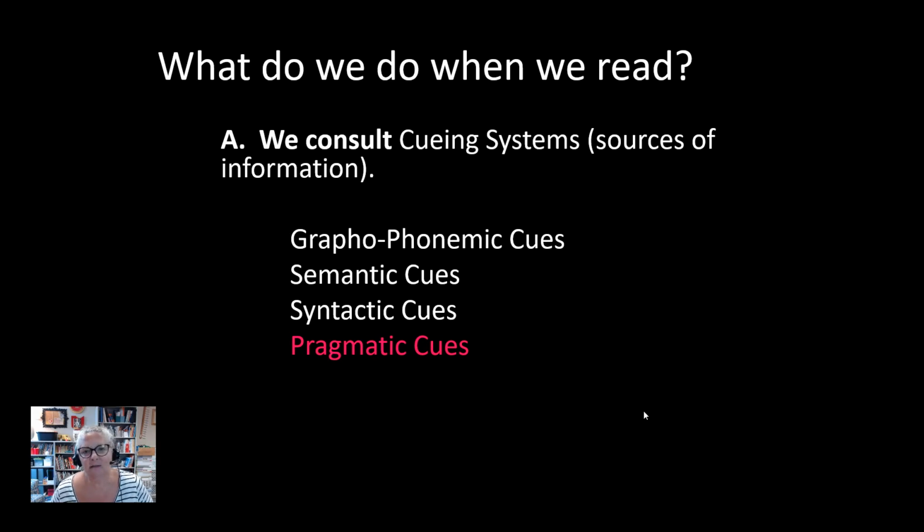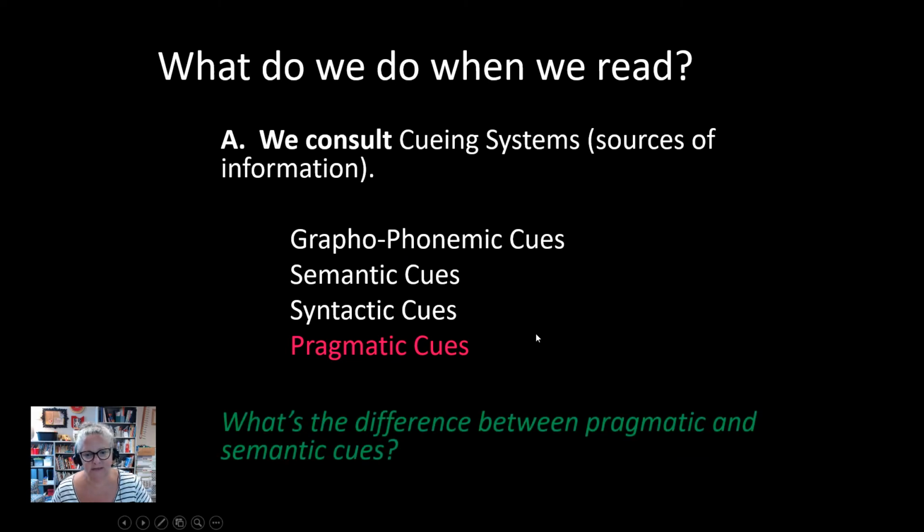Sometimes kids are thinking a lot about the pictures and the meaning of the sentences on the page, but they're not paying very close attention to the graphophonemic cues. Other times, kids are really listening to the graphophonemic cues. They're looking at every letter, but they could read more effectively if they thought a little bit more about what would sound right or what would make sense in English. So we're going to want kids to use all of those resources.